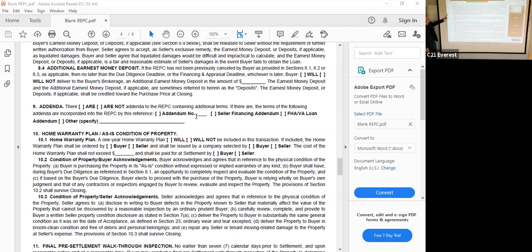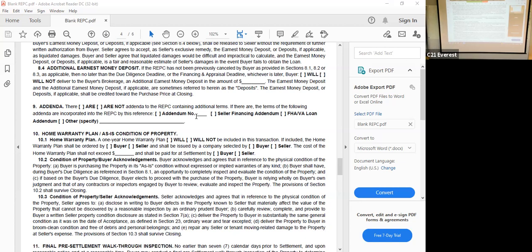Think of it this way on the REPC. If you are okay with what's on page 2, do you accept pages 1, 3, 4, 5, and 6 and counter only page 2, or do you counter the entire offer? You counter the entire REPC. Same thing here. Whatever addenda is part of your offer, you're countering, accepting, or rejecting the entire thing.